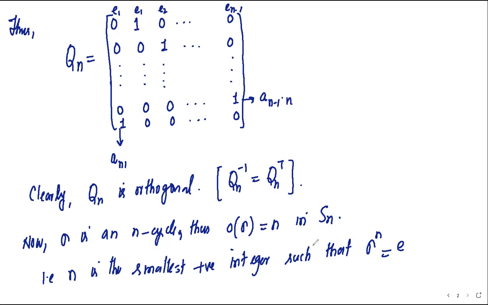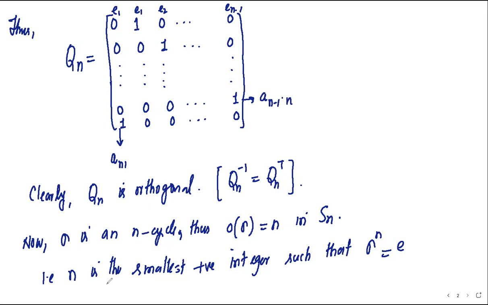So therefore, sigma power n is equal to identity permutation, and sigma power anything less than n is not equal to identity. So now, since this Qn is a permutation matrix, a matrix of the sigma, and sigma power n is equal to identity, we can clearly see that when we multiply this matrix Qn n times, we get Qn power n equal to the identity matrix.